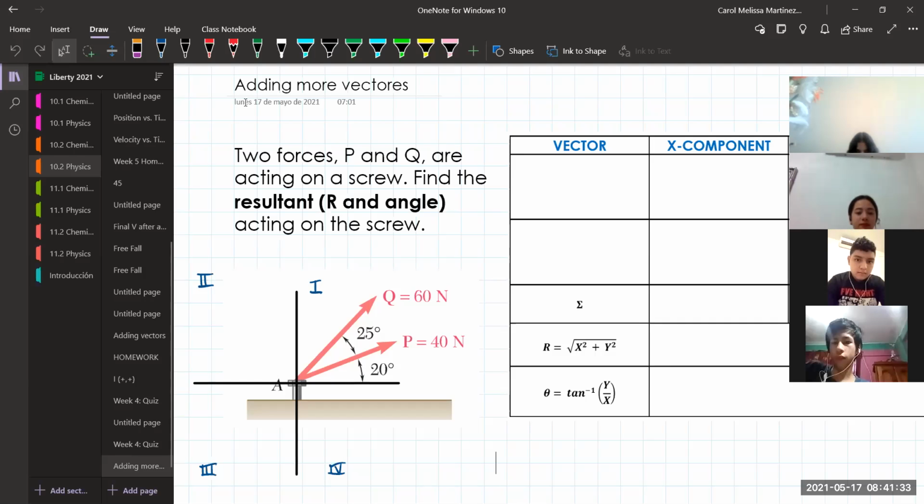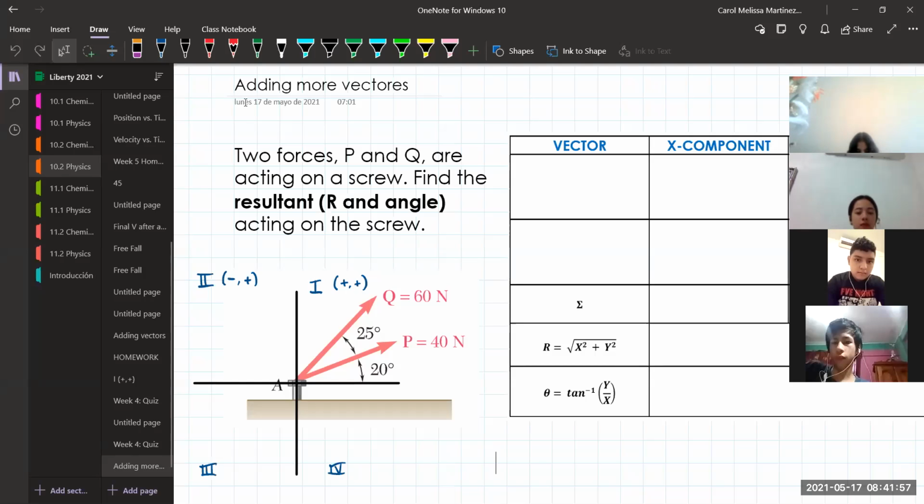The reason why we care about the quadrants is because of the signs. For example, in the first quadrant, we have these signs, positive, positive. In the second quadrant, we have negative, positive.